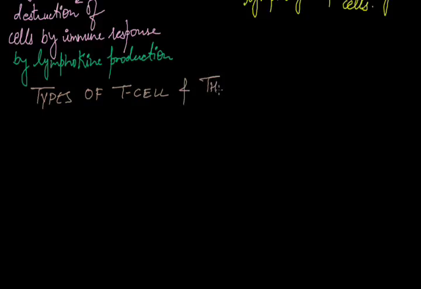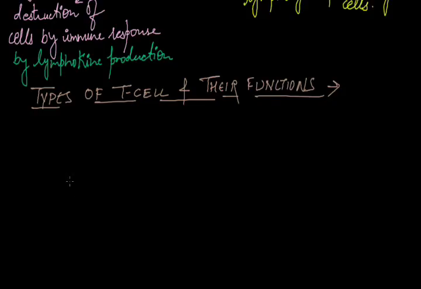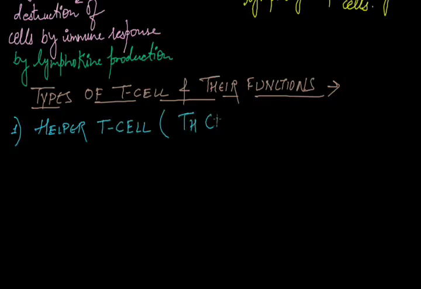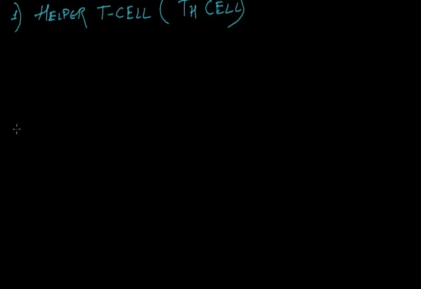and their functions. The first and foremost type is helper T cell. These are also called TH. As the name suggests, they are the helping T cells.